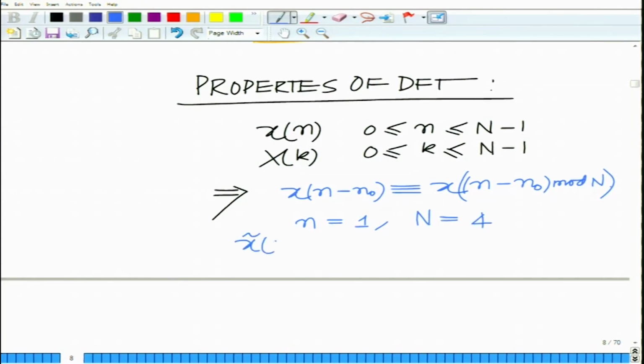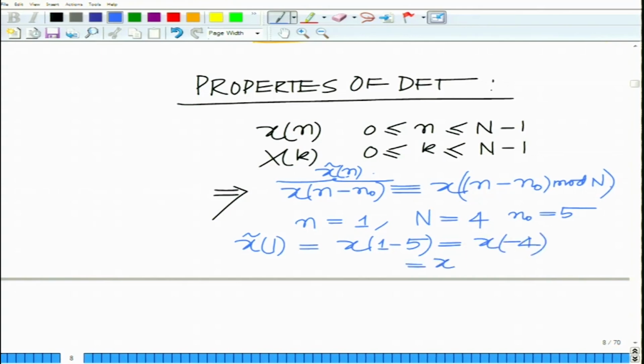We call x[n − n0] as x tilde. So, x tilde of 1 with n0 equal to 5 is x of 1 − 5, which is x of −4, and x of −4 modulo 4 is x of 0.